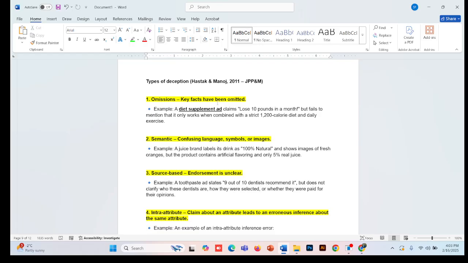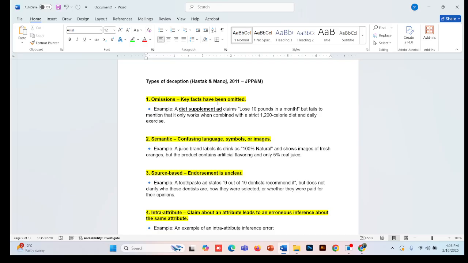But in reality, the product is not 100% orange. Rather, the flavor is artificial, and here orange is diluted with other additives or other chemicals. So this is how they are deceiving their consumers by using confusing terms.